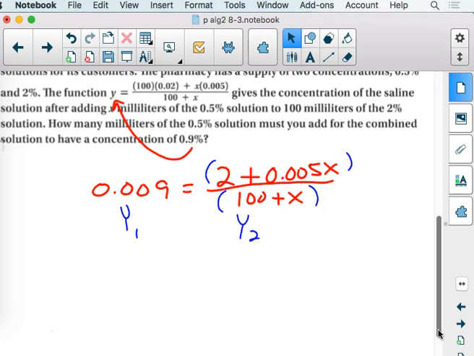Let's try this. Y min of 0. 0, 0, 1. 0, 1. There it is. So let me switch back so you can see.